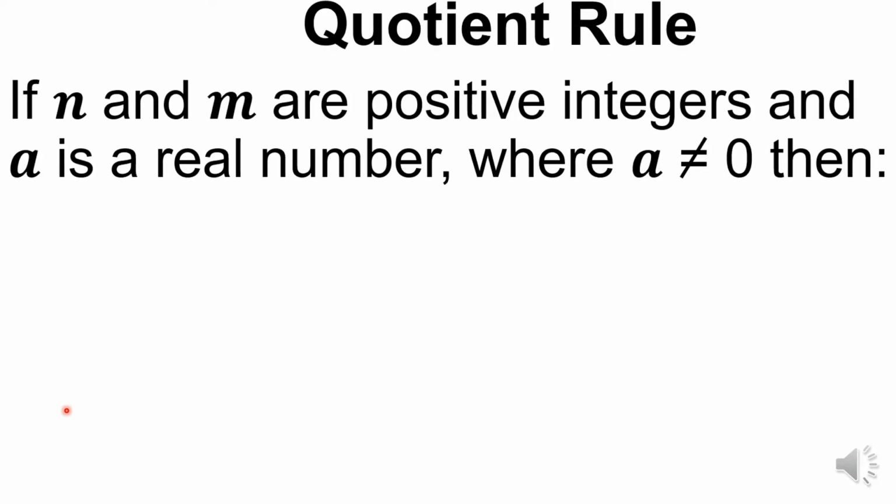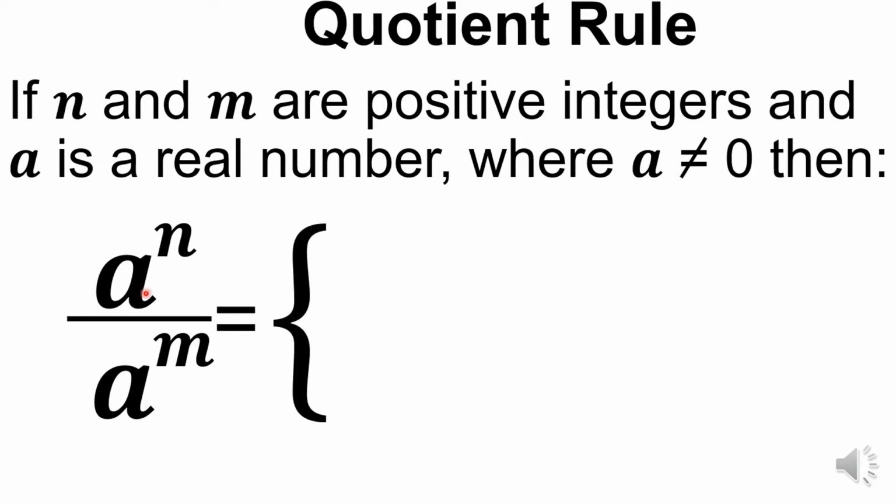So we have now the quotient rule. If n and m are positive integers and a is a real number where a is not equal to 0, then a to the power of n over a to the power of m is equal to, we have the first condition, if n is greater than m.